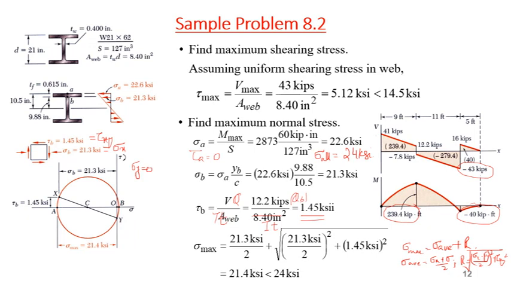So when we put the values, this will be in the opposite direction, so that will become 21.4 ksi, which is less than 24 ksi. So this beam design is okay. So we will wind up this topic, and we will discuss design of shaft in the next topic, inshallah.